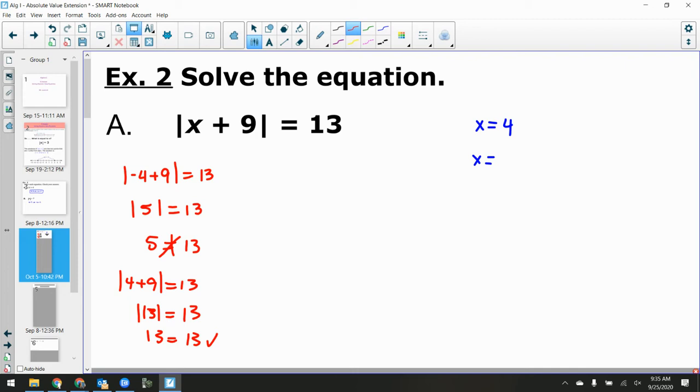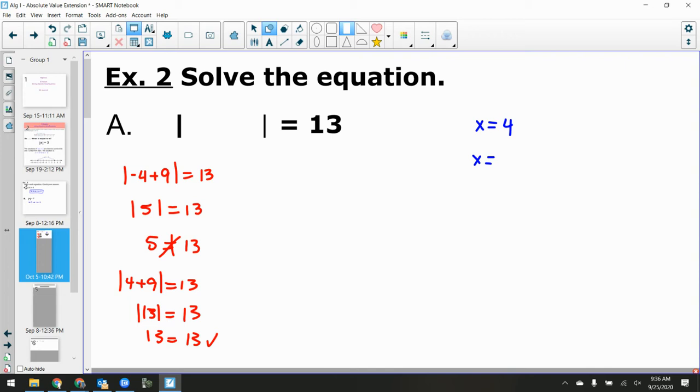So how do we solve this thing then, right? It's not good to just trust the guess and check method. How do we solve this thing then? Well, let me ask you this. If I hid this inside the absolute value, what 2 values could I plug into that?